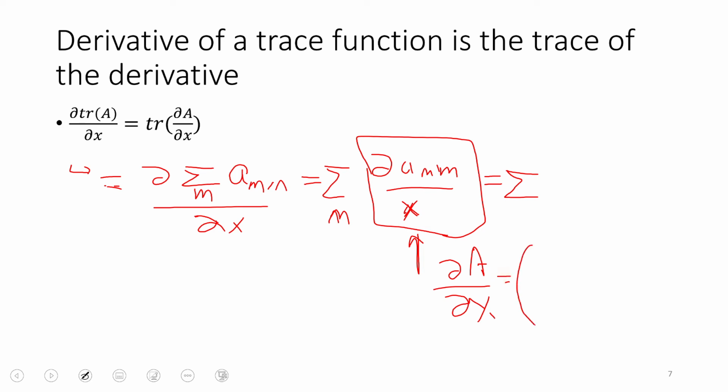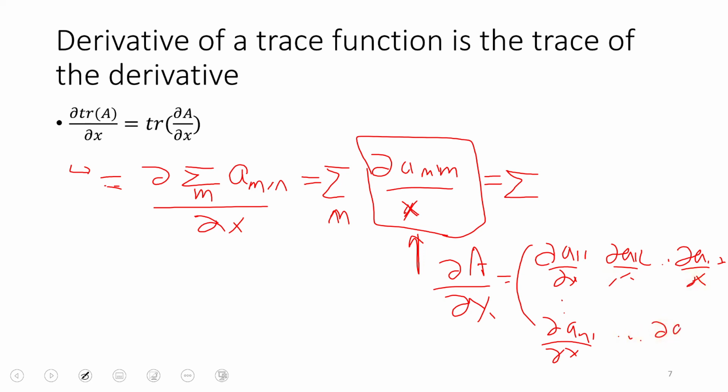If you expand it out, it is partial A11 to partial x, partial A12 to partial x, all the way to partial A1n, and all the way to partial An1 and partial Ann to partial x. We only sum the diagonal together.